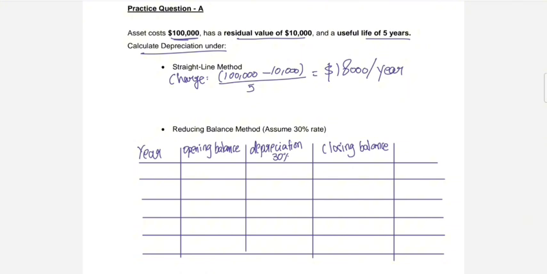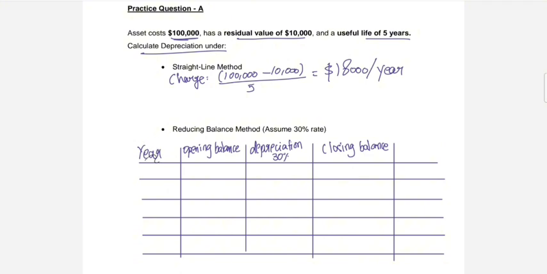As you can see, I have drawn a table for you because that is how we are going to be calculating the depreciation under reducing balance method.